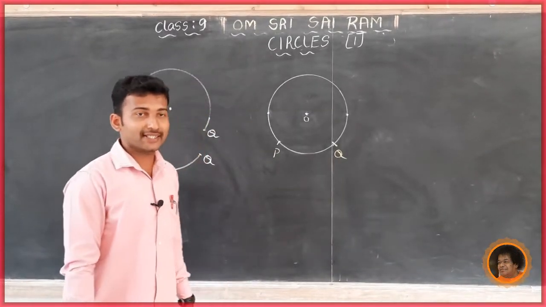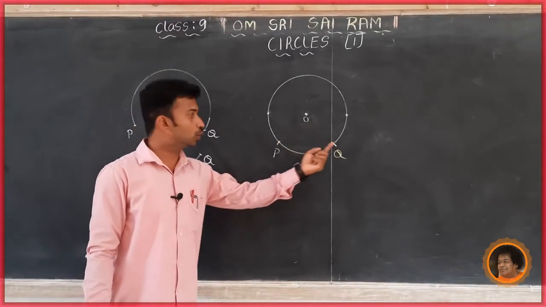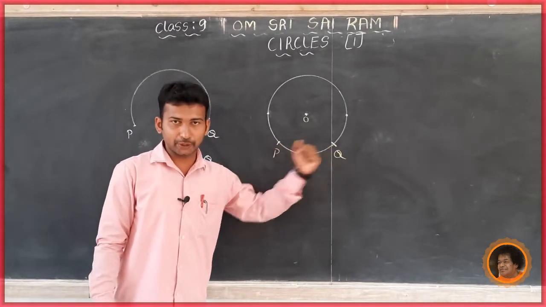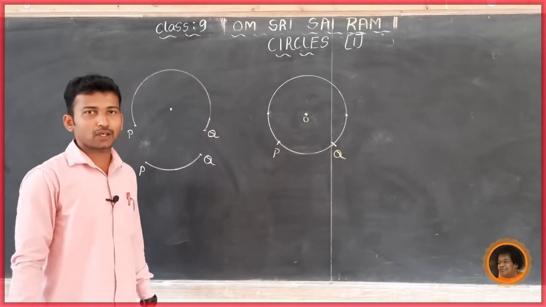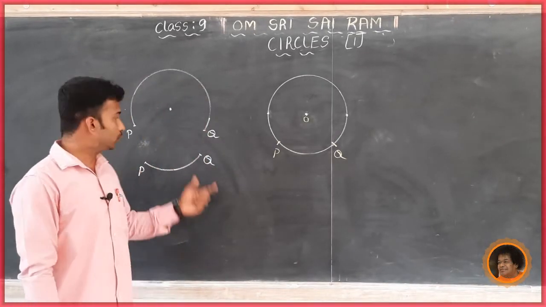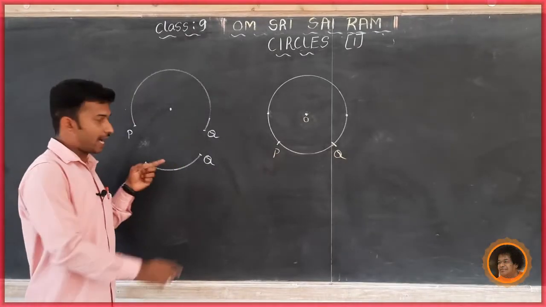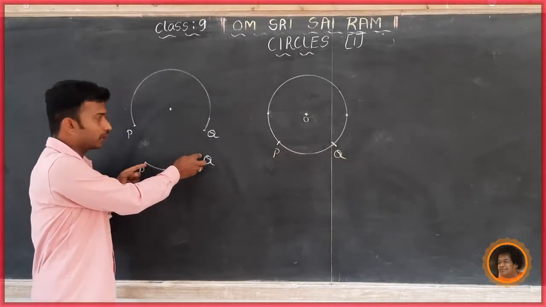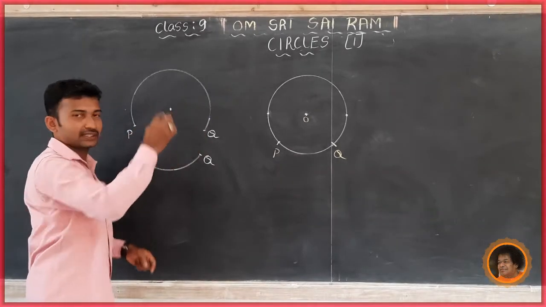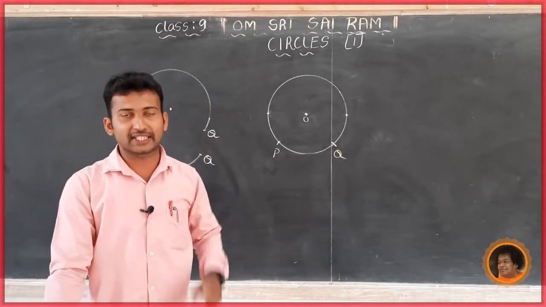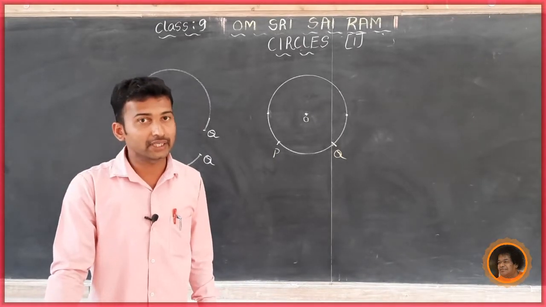If we cut the circle at 2 points P and Q, we get 2 parts or 2 pieces. The 2 pieces at P and Q, similarly here also P and Q, are called arcs of the circle.